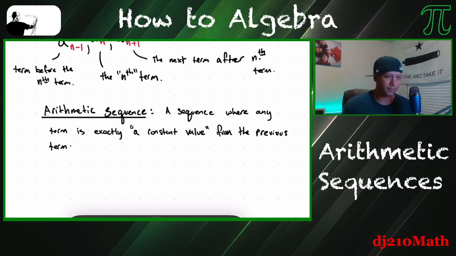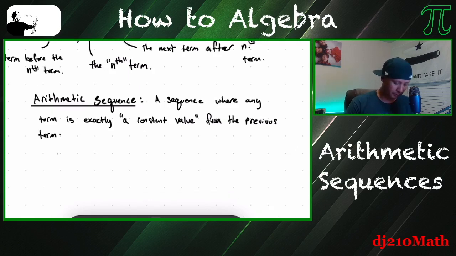In other words, it's a sequence where any term that you pick is exactly the same constant value from the previous term. So a constant value meaning a whole number, it's a whole number away from the previous term. And then every term is that exact distance from the previous term. So watch, I'll give you an example.